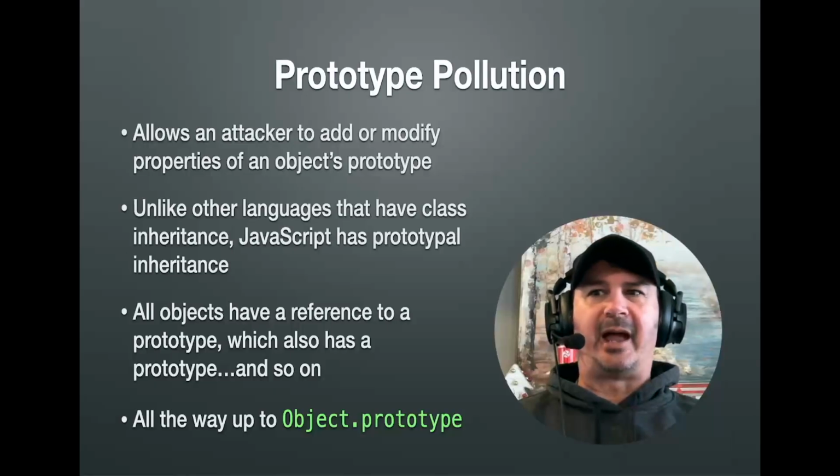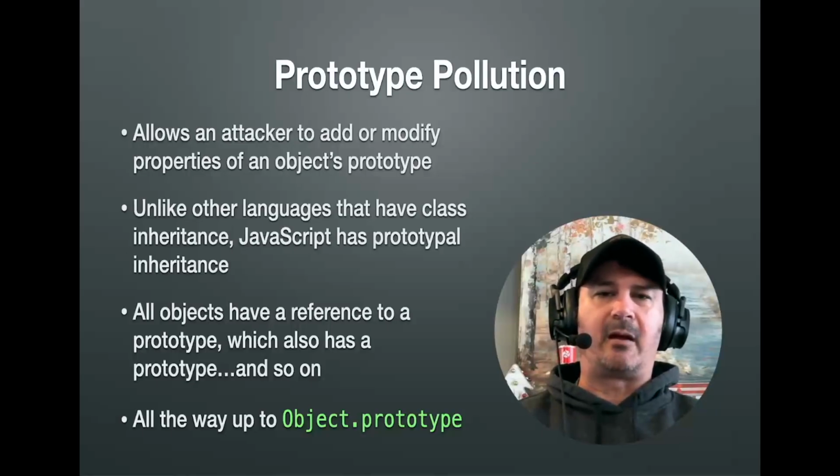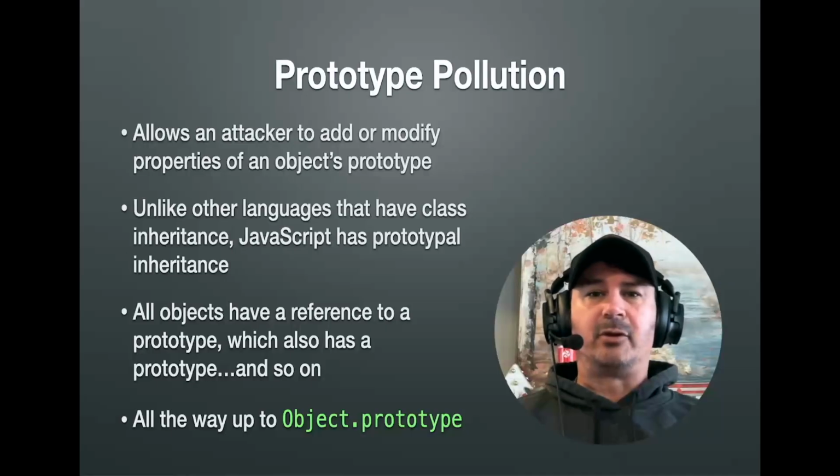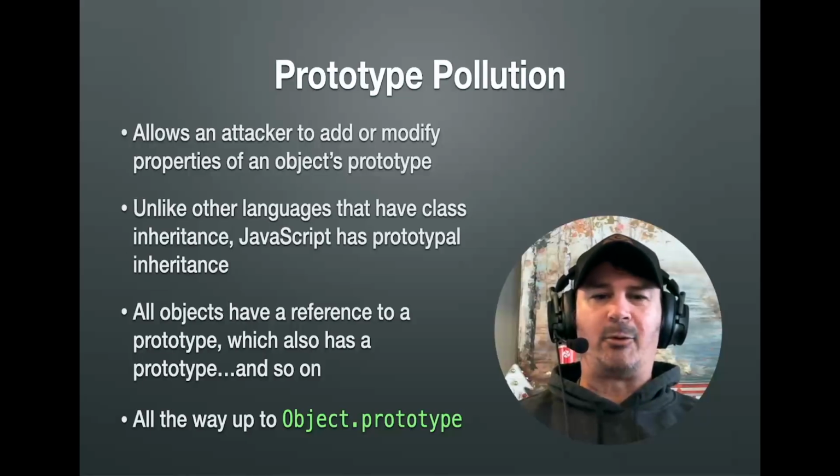JavaScript doesn't have the same type of inheritance. JavaScript objects inherit via prototypal inheritance. So all objects in JavaScript have a reference to a prototype, which in turn has a prototype, and so on and so on, all the way up to the object prototype, which is the end of the prototype chain.